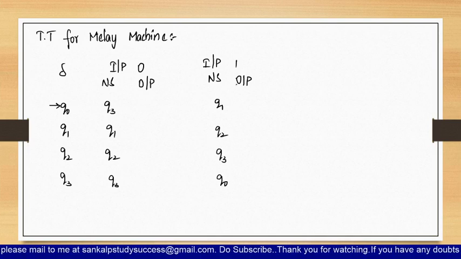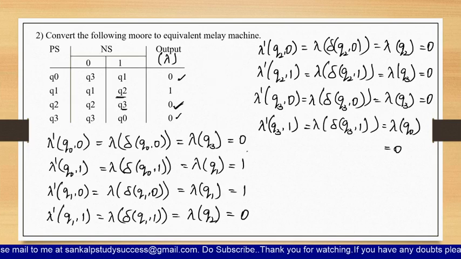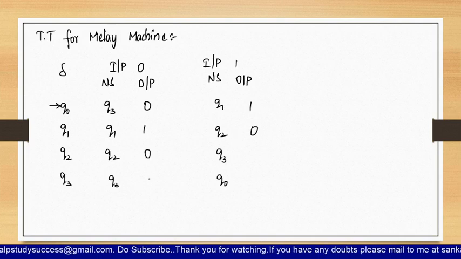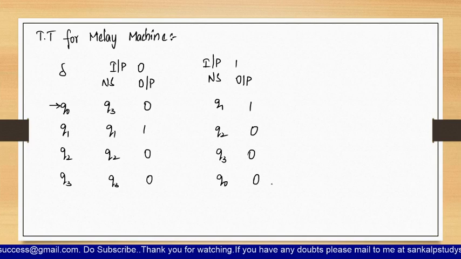But here, what are the outputs? That means lambda dash. Till now we got lambda dash of Q0 comma 0 is 0 and here it is 1. Then it is 1, 0. You have to note down all the values which you got in the lambda dash till now. So we have all these values.